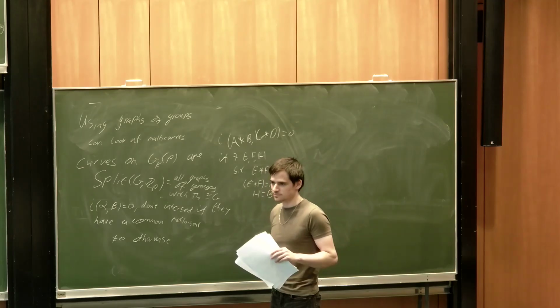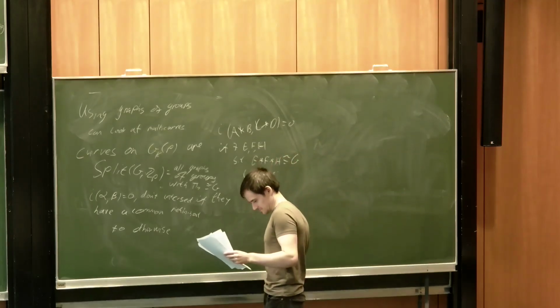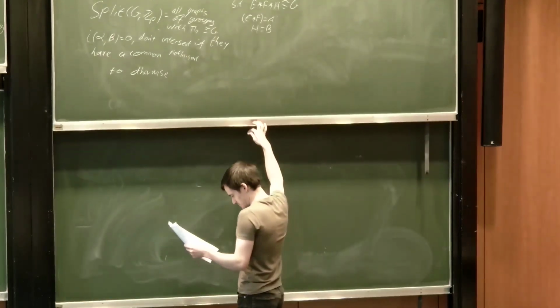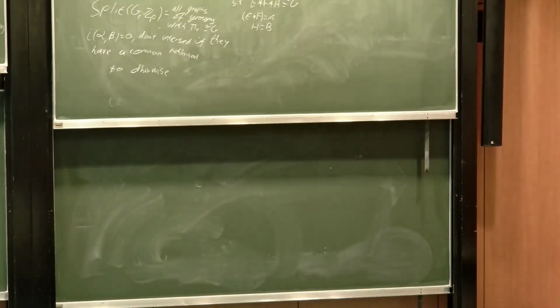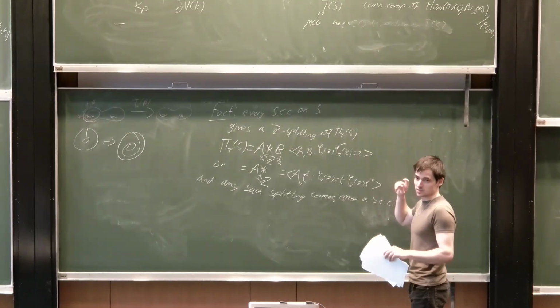Yes, can you write twice as big? Yes, sorry. Given an amalgamation, one can define an automorphism of the group, which will be the Dehn twist of that splitting.